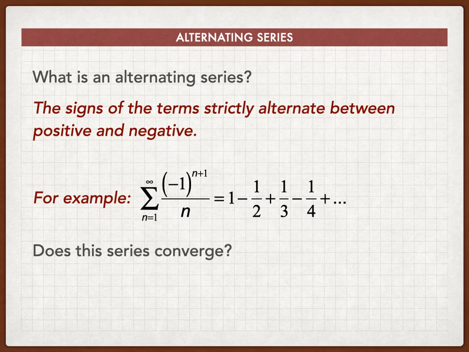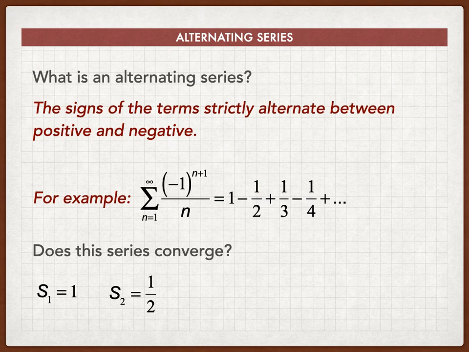Does it converge? In other words, what happens to the limit of the nth partial sum as n goes to infinity? Let's take a look at the first few sums. The first partial sum is just the first term, 1.